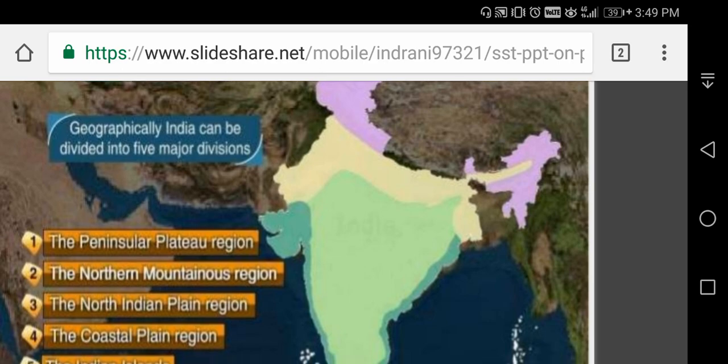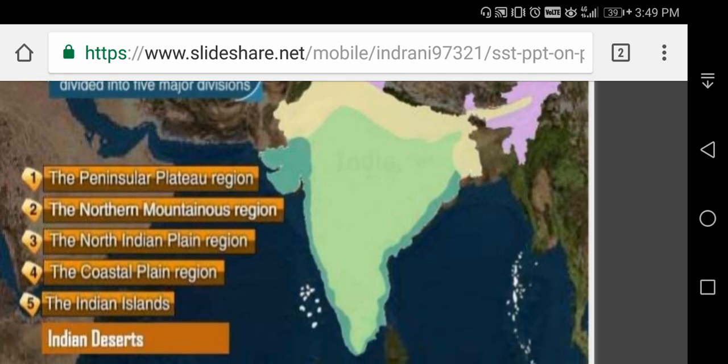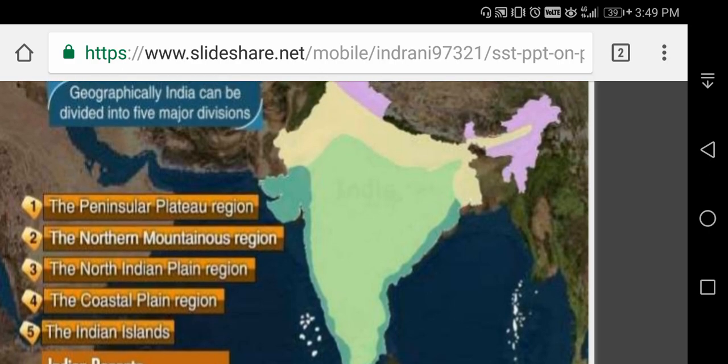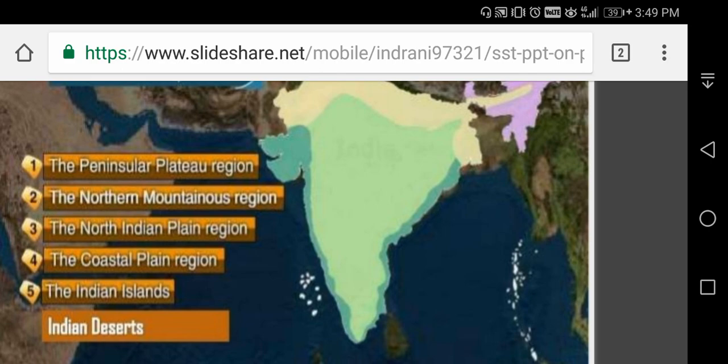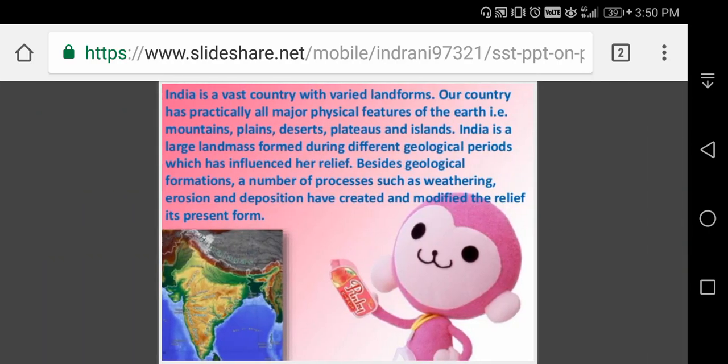Then dark green color on the side is showing the coastal plains or coastal regions. And also you can see the islands on both sides, the west side and the east side, island groups. And also you can see in the northwest side, the Thar desert. These are the main physical features of India. I think you got it.